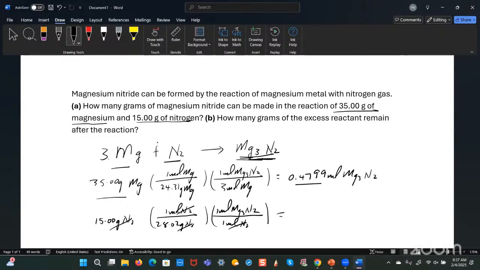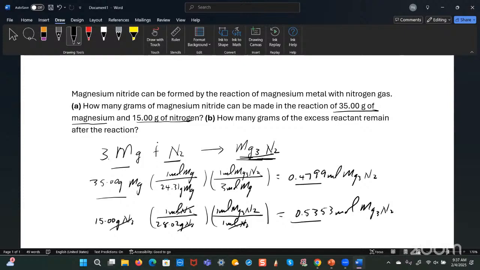So 15 divided by 28.02 and times 1, so that gives you, according to my calculation, 0.5353 moles of, again, Mg3N2.